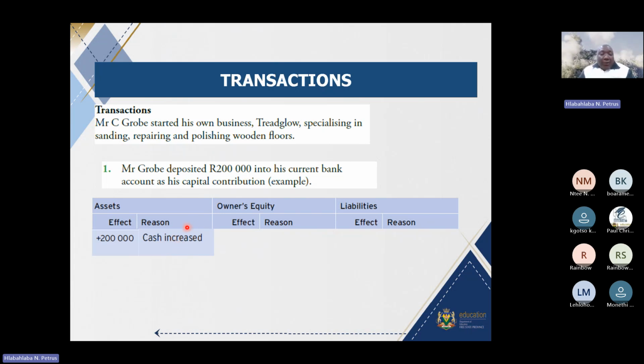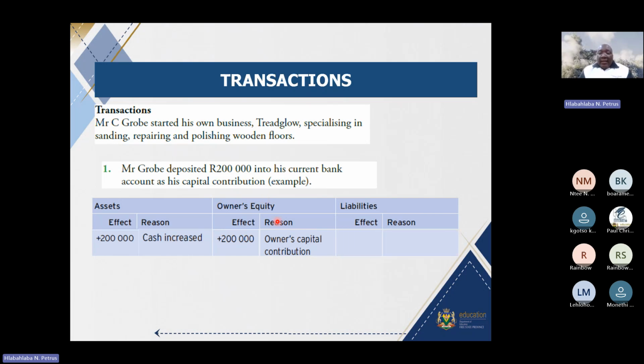The other account that is affected falls under the owner's equity. So under the owner's equity it is going to be plus 200,000. And the reason is owner's equity or owner's capital contribution, because the owner is contributing the capital to his business. And that money is going to increase the owner's equity.